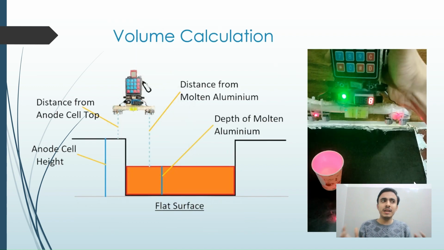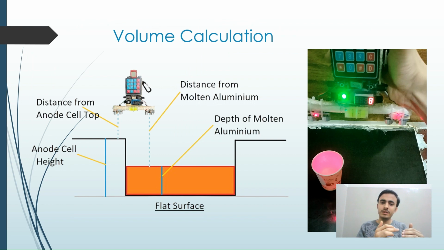Secondly, I will be adding a volume calculation mode into this device. As I have proven already, the sensor can measure the depth of a liquid in a container. So let's suppose the container is an anode cell, as illustrated on your left, and there is molten aluminium in it, it can measure the height of the molten aluminium.